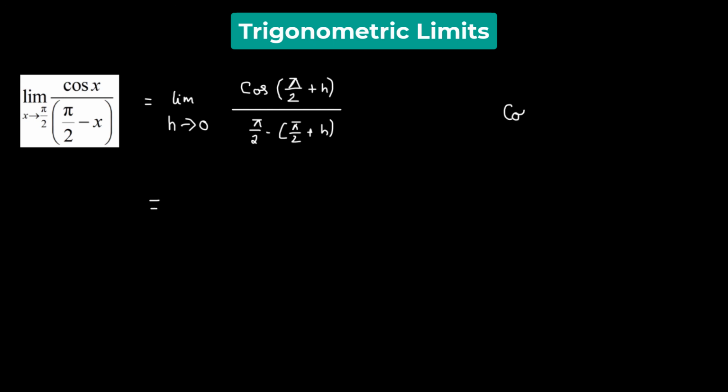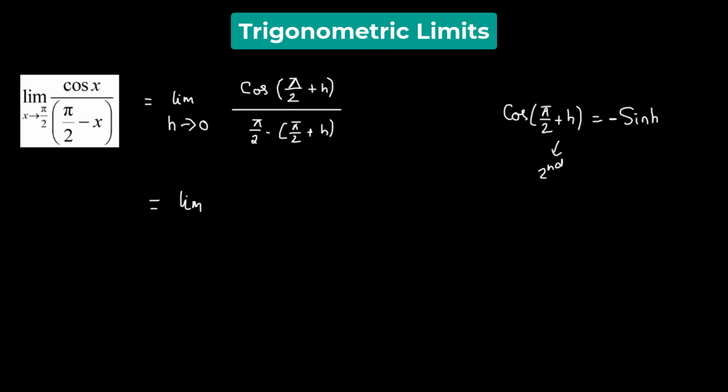Let me write it down. So we have cosine of pi by 2 plus h. So this will be equal to sin of h, but this is in the second quadrant, our angle pi over 2 plus h. And in the second quadrant the sine function is positive. Since we are working with a cosine function, this translates to a negative value. So we have negative sin h.